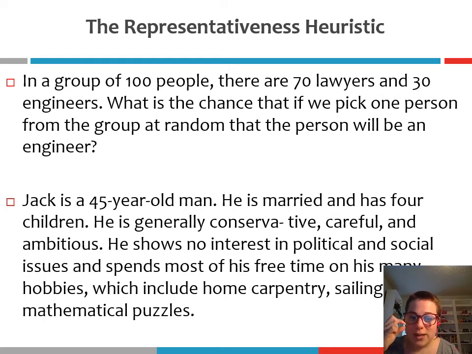He shows no interest in political and social issues and spends most of his free time on his many hobbies, which include carpentry, sailing, and mathematical puzzles, right? So when the second description is added to the first description, people's estimates of the probability of Jack being an engineer go up substantially, right?